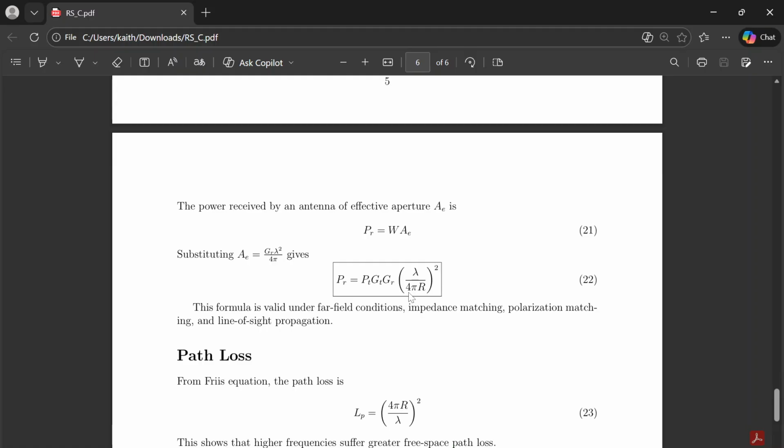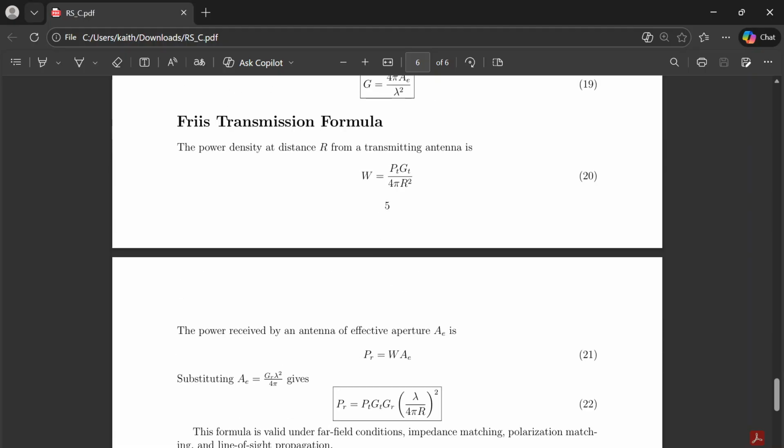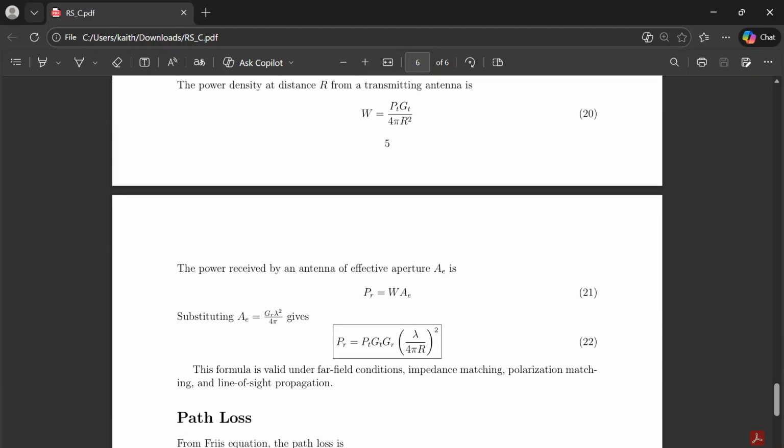Now the power received by an antenna of effective aperture AE. So this is the power density at that point. But when you keep a receiving antenna which has effective aperture AE, it just receives the power density W scaled by the aperture area. So this is the received power. Now you substitute the formula for the aperture area in this.